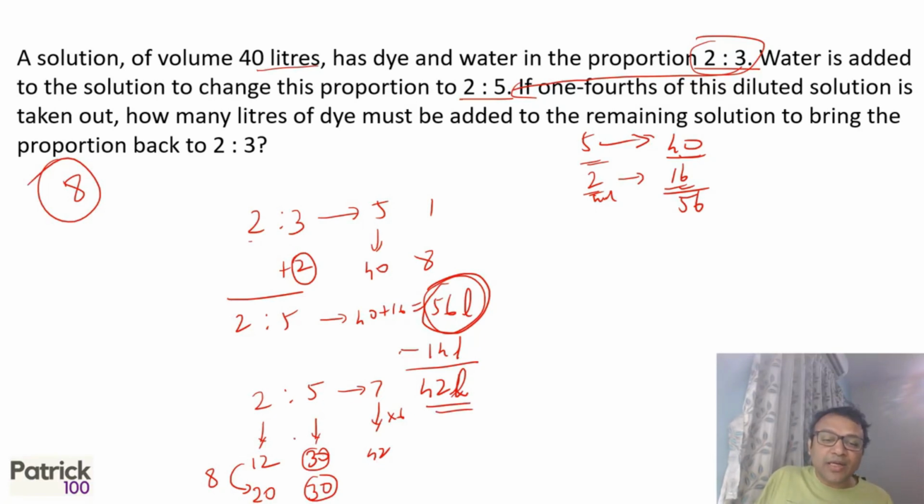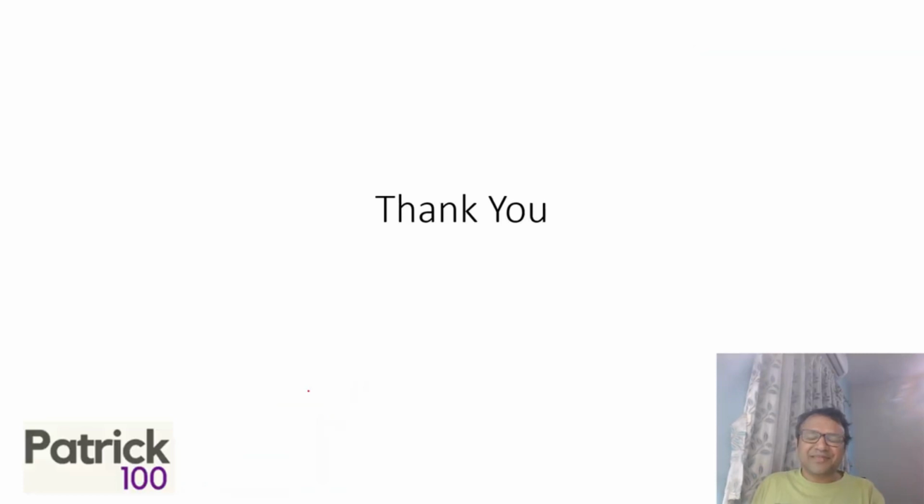So 5 will stand for 30 and 2 will stand for 12 because 6 times. Now 30 will remain 30 because we are trying to add dye. How many liters of dye must be added? So water will remain 30. To dye, 8 liters has to be added. So 8 will be the answer in this case. Clear? Thank you.